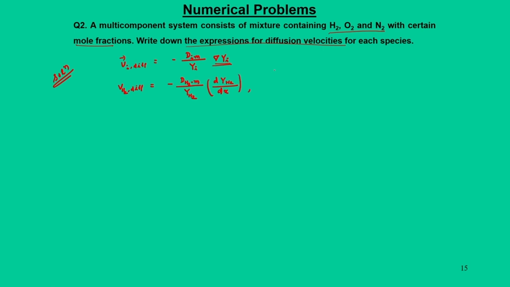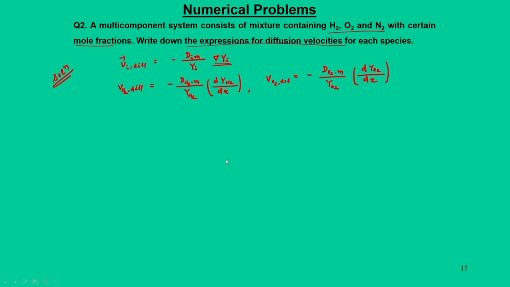Similarly, for O2, V O2 diffusion will be minus D O2 m divided by Y O2, d Y O2 divided by dx.